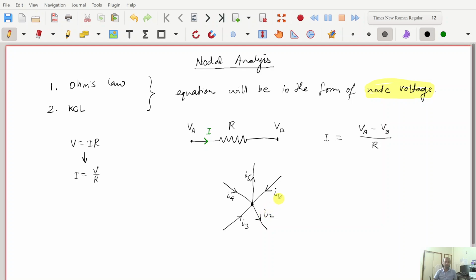Kirchhoff's current law states that at a particular node we have to sum all the incoming current. The sum of all incoming current will be equal to the sum of all outgoing current.